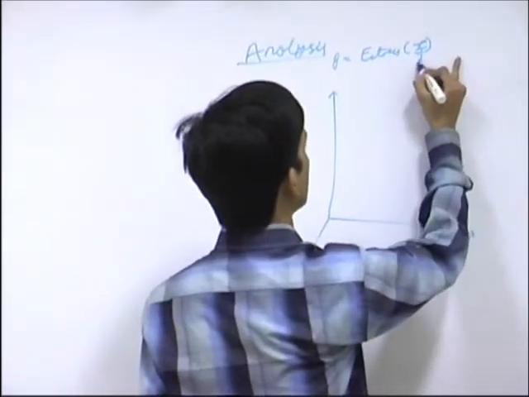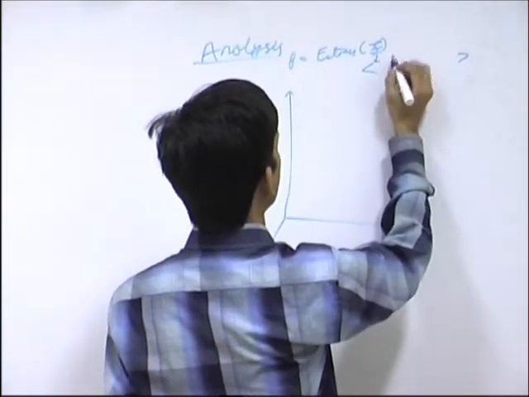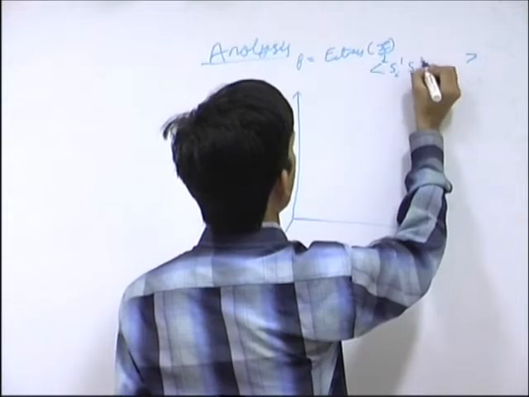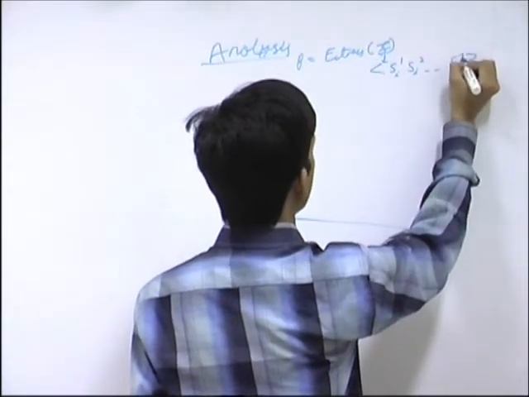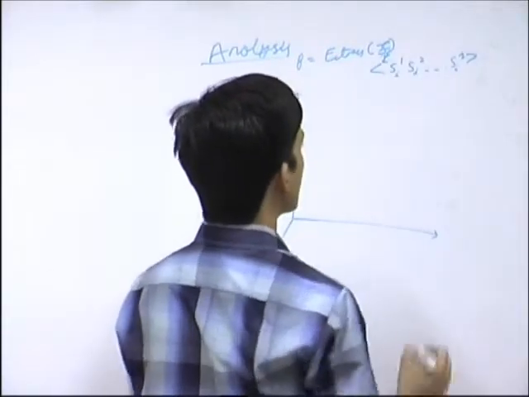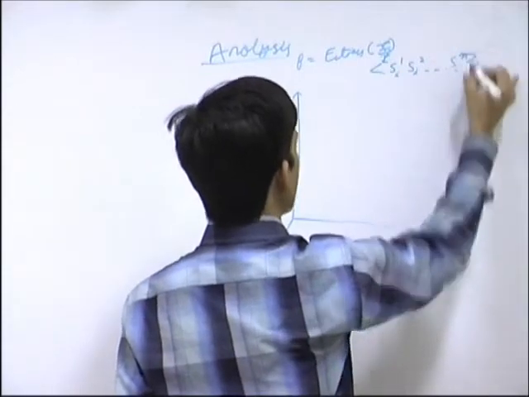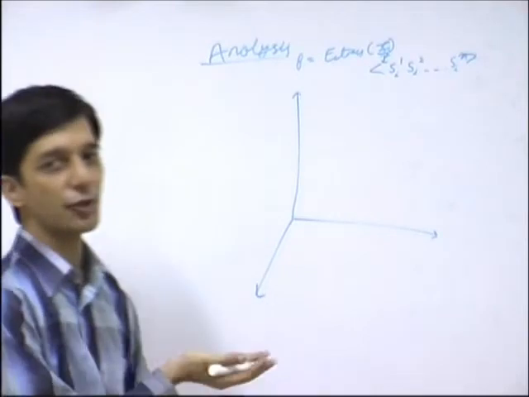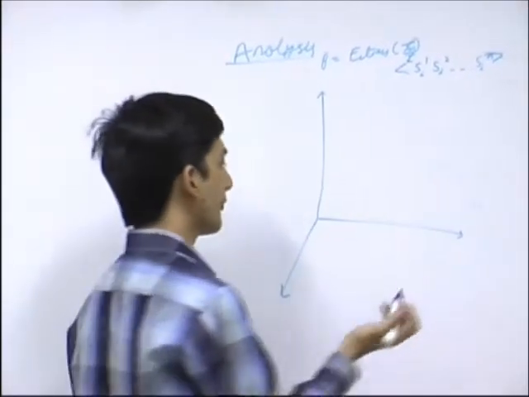So let's say my solution S is nothing but Si1, Si2 to Sin. This is what my solution Si is. So I draw an n plus 1 dimensional space where the base is of n dimensions.